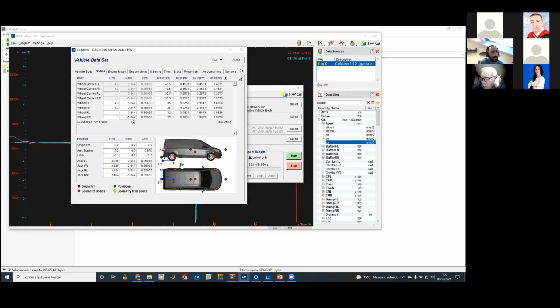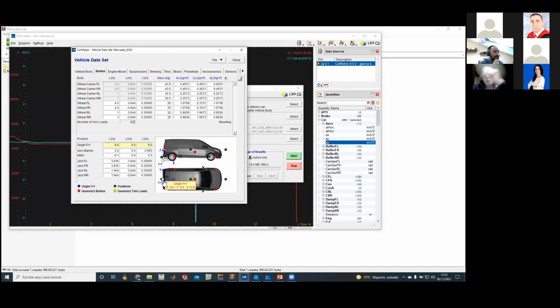Once I've done that, I can add all the masses below the suspension. Here we have the rotating masses, the wheel from left and wheel from right. These are the rotating masses, and these are the non-rotating masses, the suspension arms and brakes and so on. It's exactly the same concept. The only thing I need to do is to place the mass properties and the inertia properties regarding the coordinate system of the vehicle.